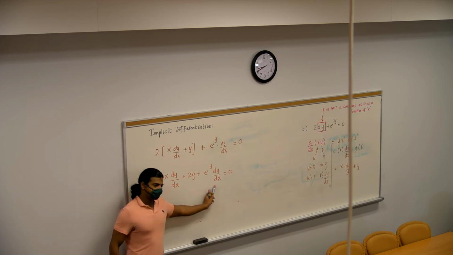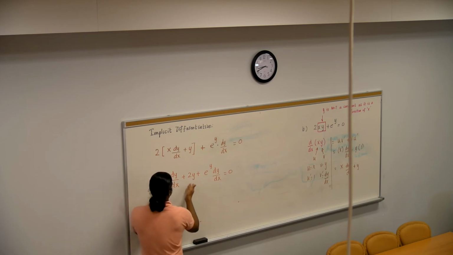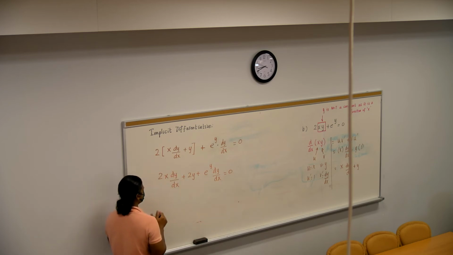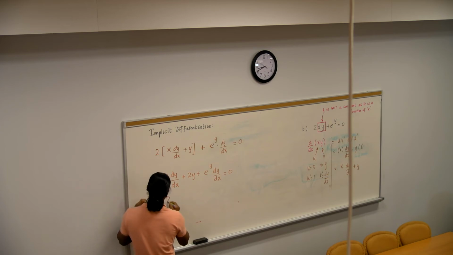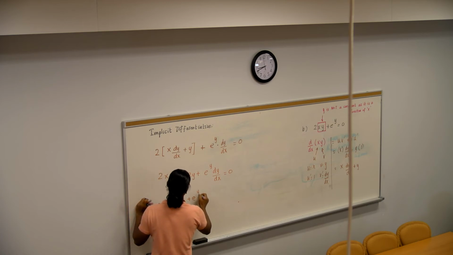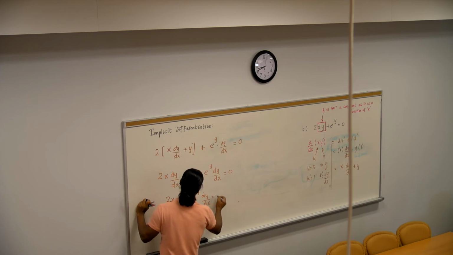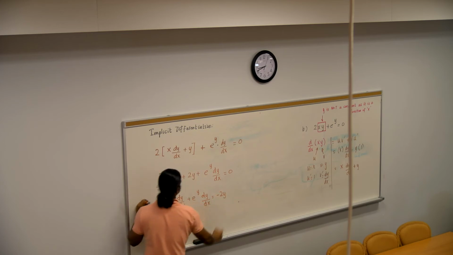Those two terms have dy over dx in common, so I can group those two. So move the 2y to the other side. So 2x dy over dx plus e raised to y dy over dx would equal negative 2y.